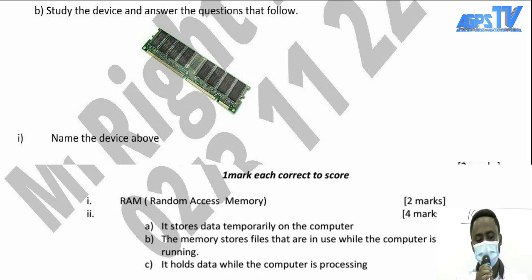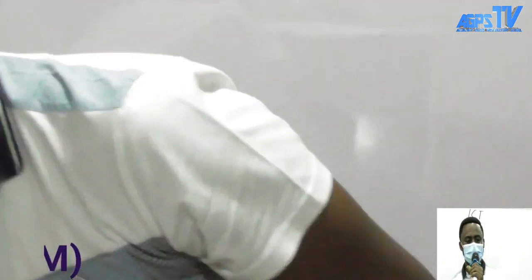So if you have information on a pen drive, a floppy disk, a hard disk, which are all secondary storage devices, the information stored on them is kept permanently until you decide to delete it. So the computer memory is a primary storage device, and therefore it stores information temporarily, as compared to the pen drive. Good. So let's move on to the next question.